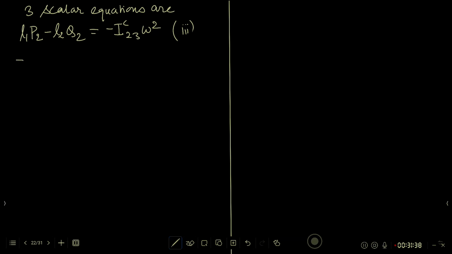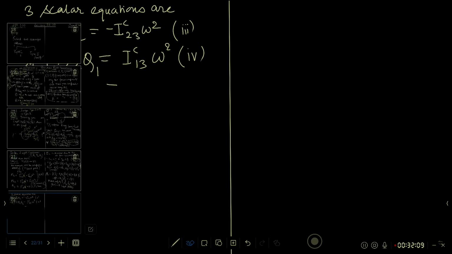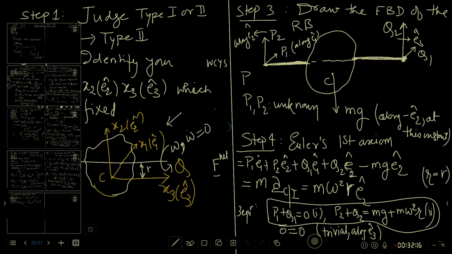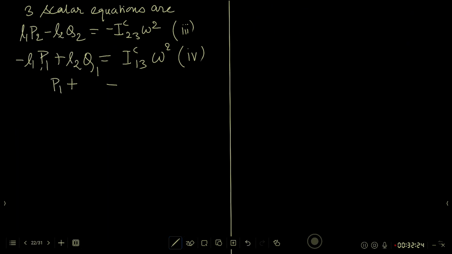Then I get an equation, and finally I get the equation P1 plus Q1 times R equals 0. This is the fifth equation.